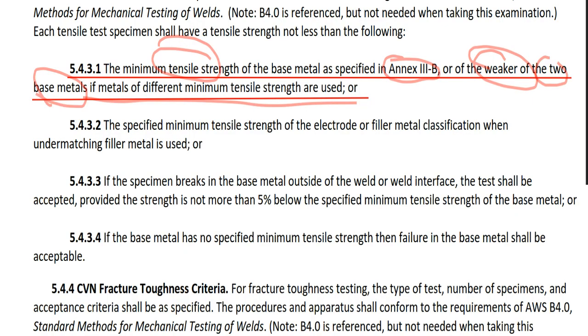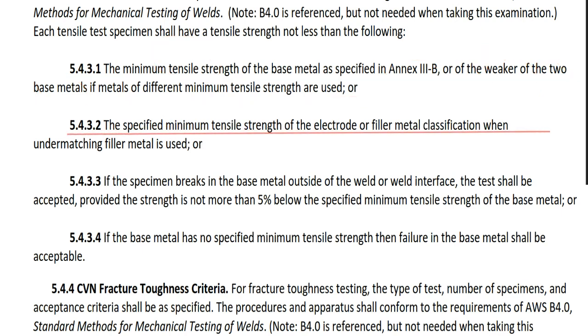This was 5.4.3.1. Next is 5.4.3.2: specified minimum tensile strength of the electrode or filler metal classification when undermatching filler metal is used.